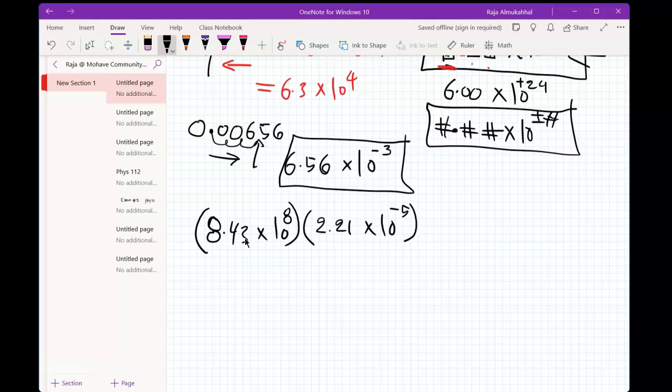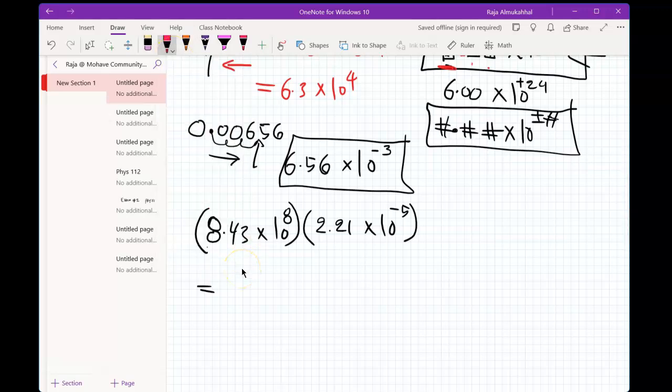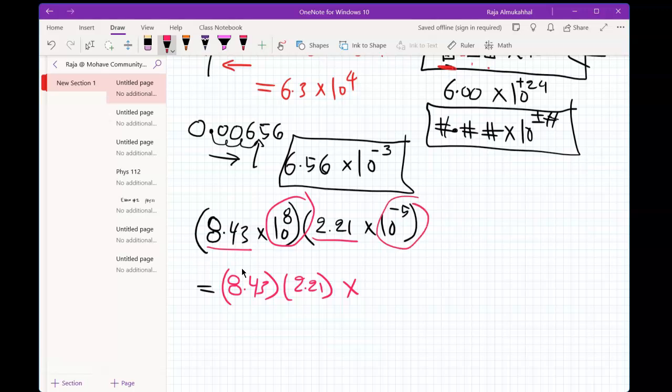If you don't have a scientific calculator, what you do is multiply 8.43 times 2.21, and then multiply the powers of 10 together.